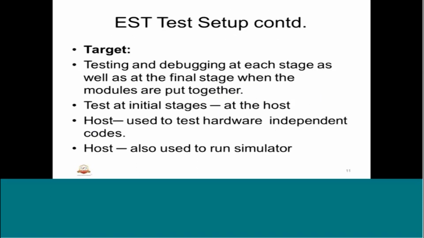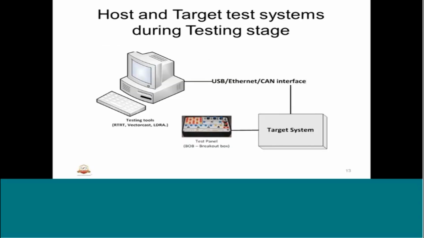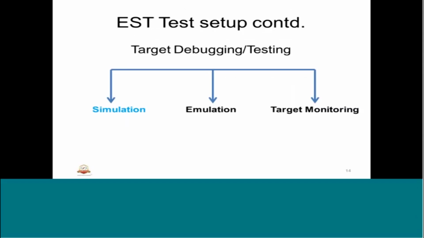Okay, so we know that there is a target system, and how it can be set up with the help of this. There are different mechanisms that can be used for doing the test setup. There are broadly three categories.